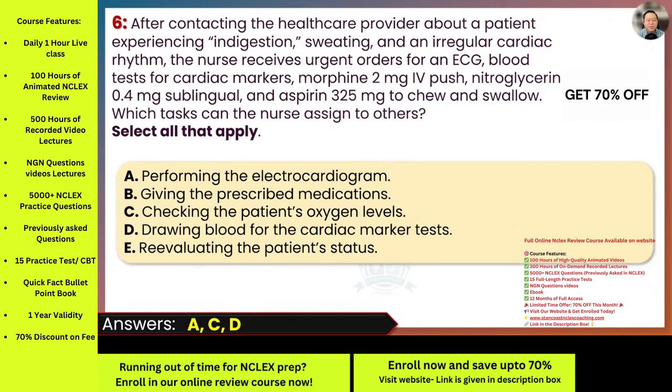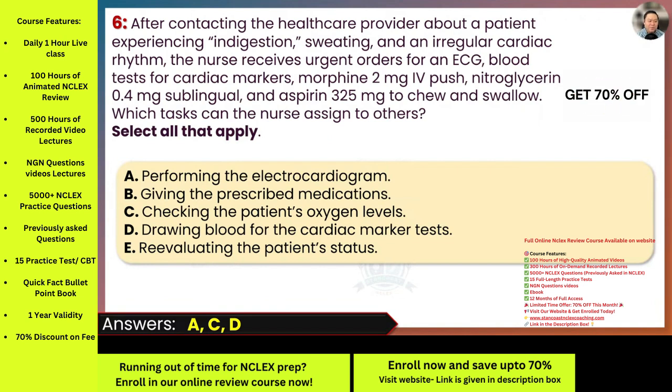Well, remember that EKGs or ECGs are procedural tasks that trained staff, including ECG technicians, can perform, and the nurse doesn't need to personally attach the leads or run the machine. They just need to interpret the results later. So the key point in this option is that the nurse can delegate the ECG itself, but not the interpretation.